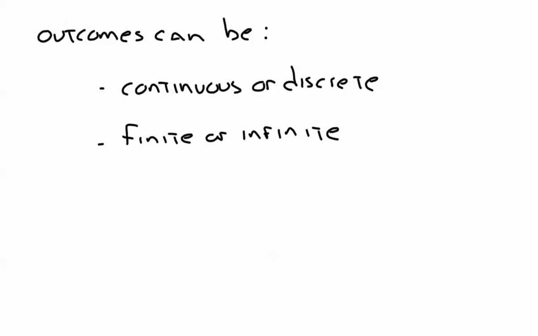The example that we just did when we tossed 2 coins and observed heads and tails was clearly a discrete, finite set of outcomes. It was either heads, tails, heads, heads, etc., and there were only 4 possible outcomes. So our previous example was discrete and finite. We'll have occasion to look at many continuous, in some cases infinite, collections of outcomes for various chance experiments as the semester unfolds.